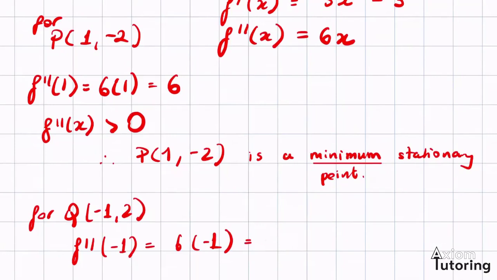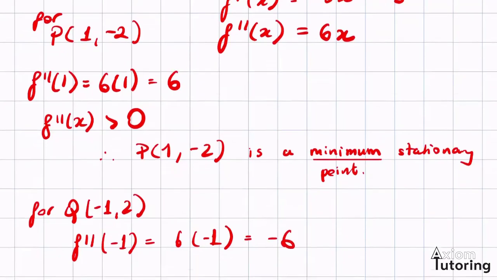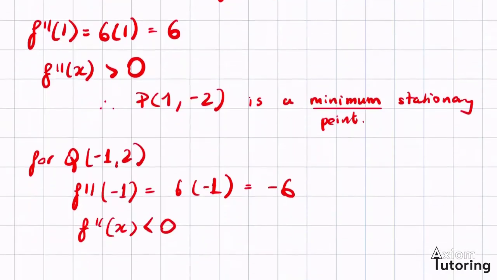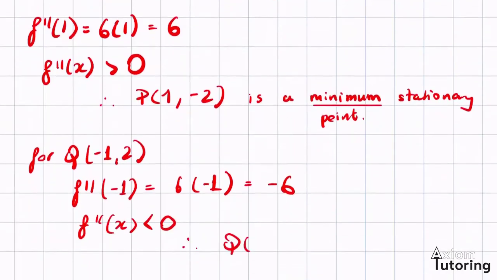Sorry, that's not minus 12, that's minus 6. There we go. So for point Q, our double derivative is less than 0. Therefore, we can say point Q, which is (minus 1, 2), is a maximum stationary point.